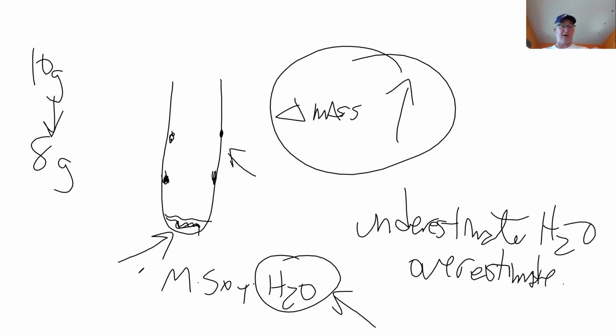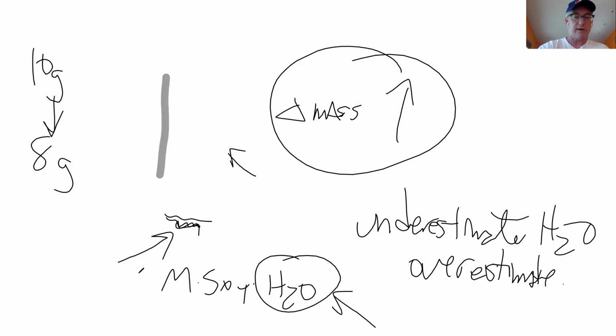Now this second one was a little trickier. What happens if I don't have water on the side? All right, here's my tube. I don't have water on the side this time. But what happens is some of this solid, actually, I'm heating it, and this will happen.